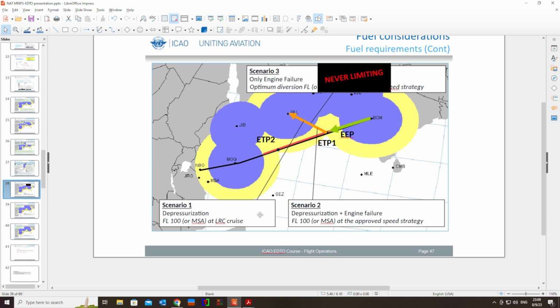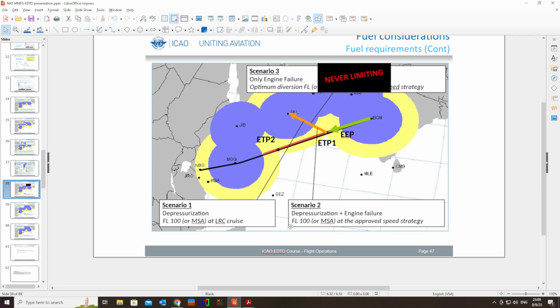If you have enough fuel on board that you can go even faster, this is something that you will take under consideration at the time when the problems occur. You will do your calculations. If you have enough fuel to go even faster, you do it. If you don't, you punch in the numbers in your FMC and you will see the results.